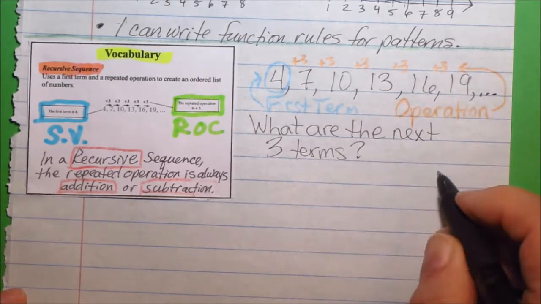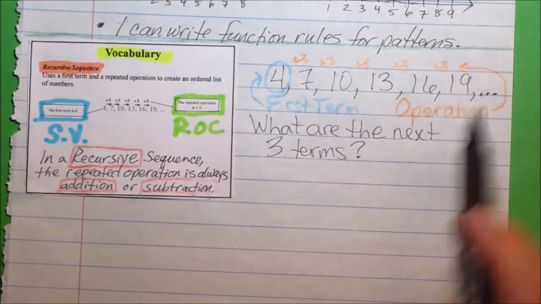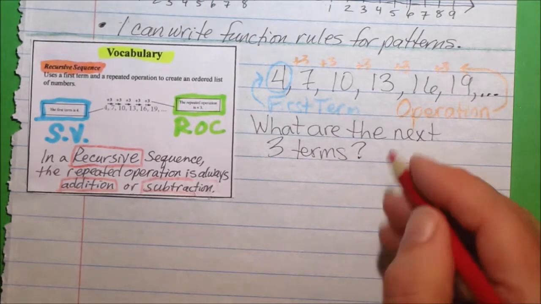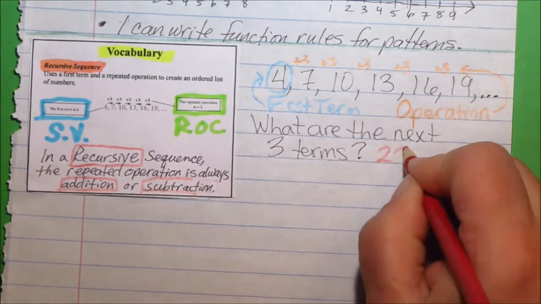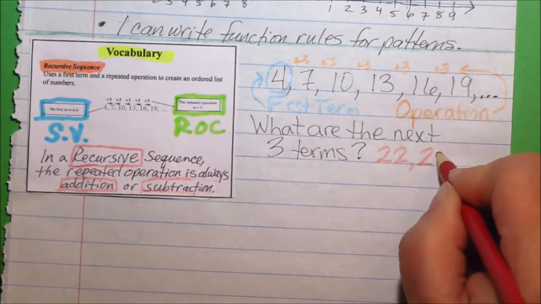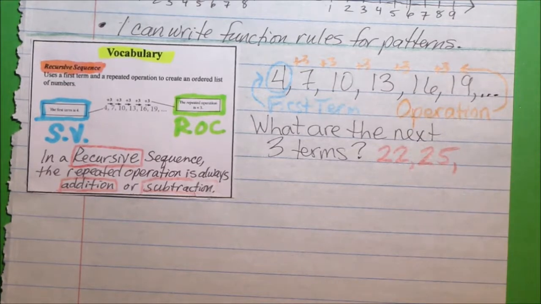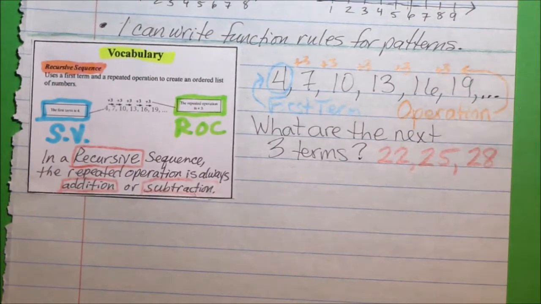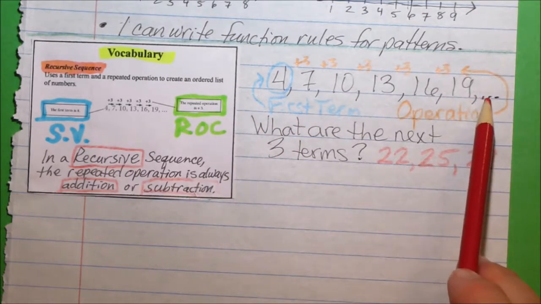All right. Well, we know it's increasing by 3, and the last term we see is 19. So if we add 3 to 19, we get 22. If we add 3 to 22, we get 25. If we add 3 to 25, we get 28. And so those are the next 3 terms in this recursive sequence.